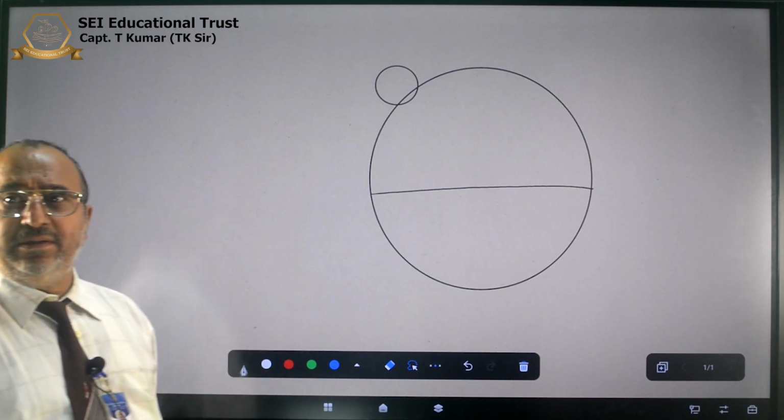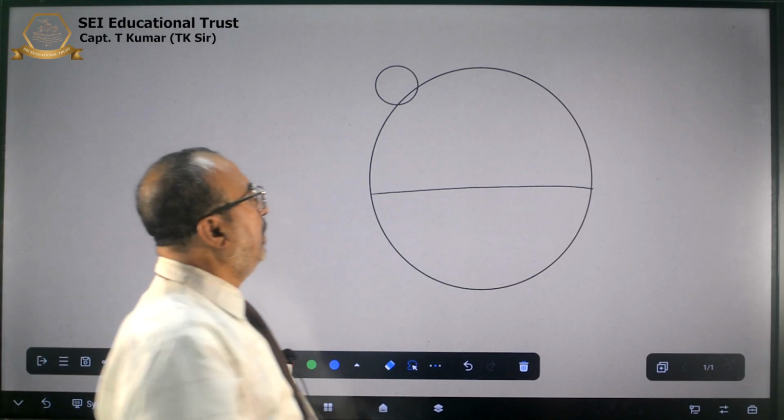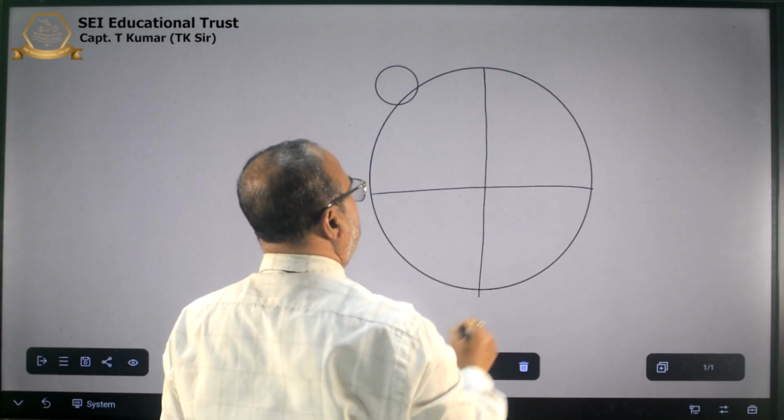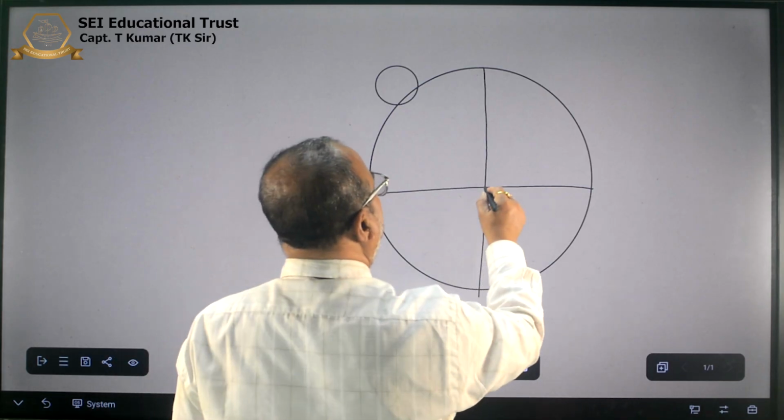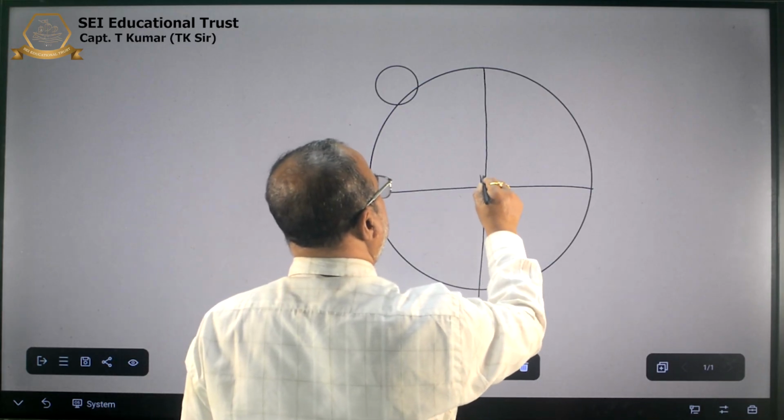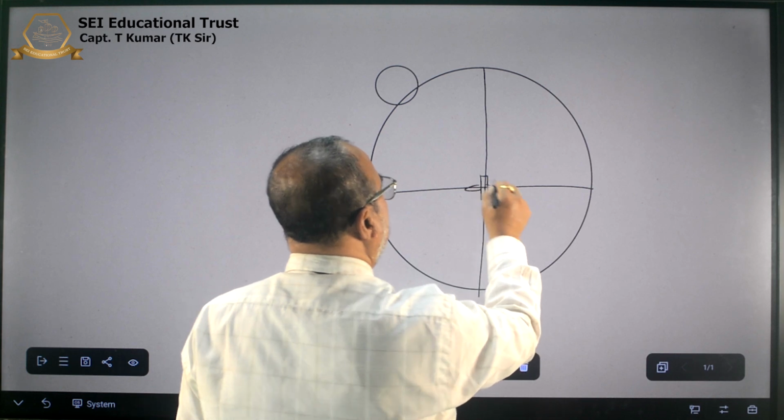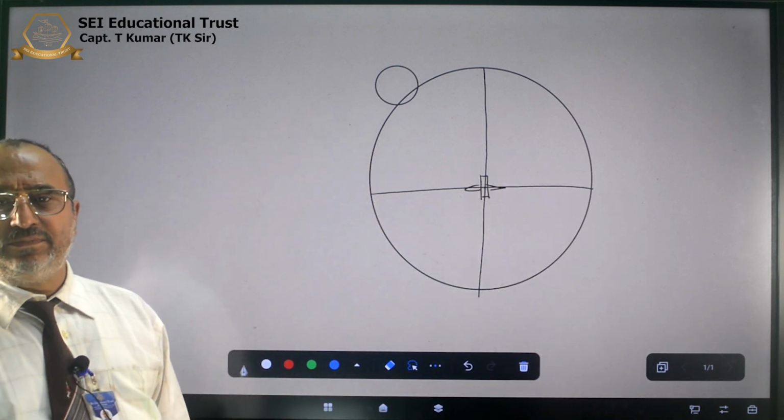So this is the line and put it here. So here we have this free gyroscope lying on the equator again.